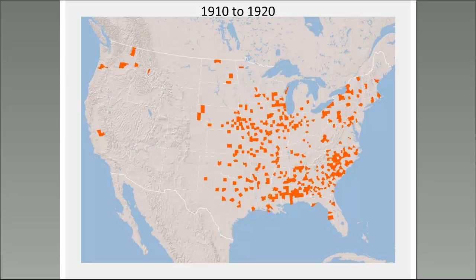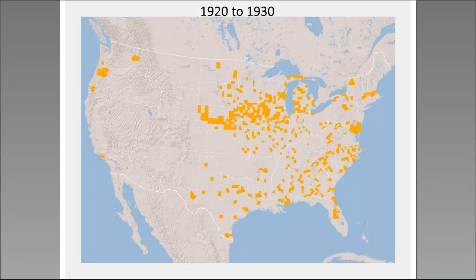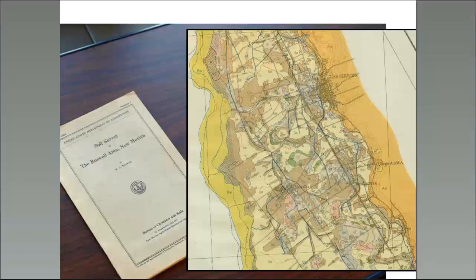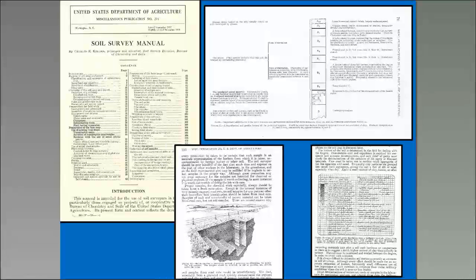Here we are, the 1910 to 20, and most of these maps were made county by county, and going through the 30s, and that was the material upon which these early, we call them first generation soil surveys, were made. And so the soil survey manual basically was capturing that information and organizing that information and putting it into a how-to situation.